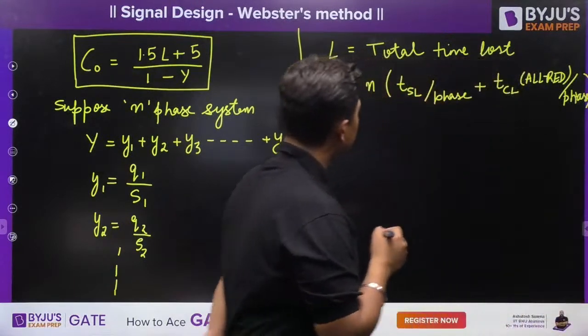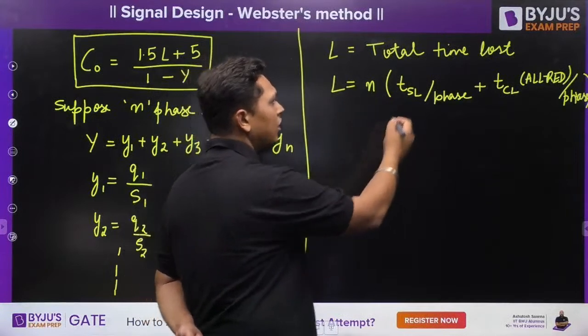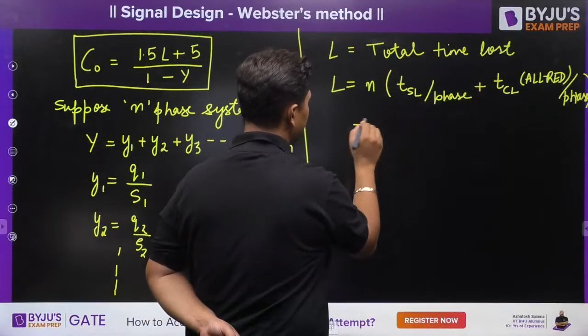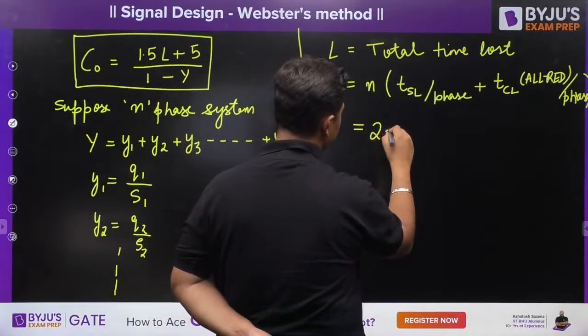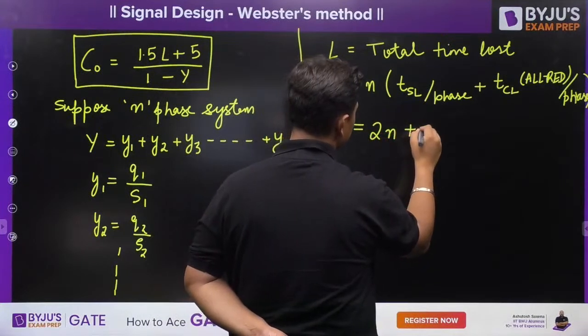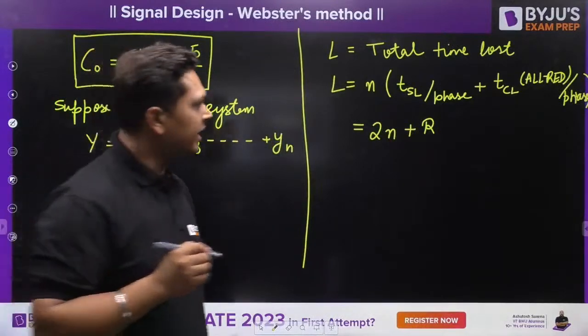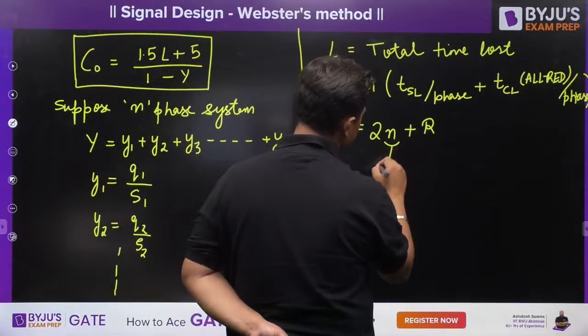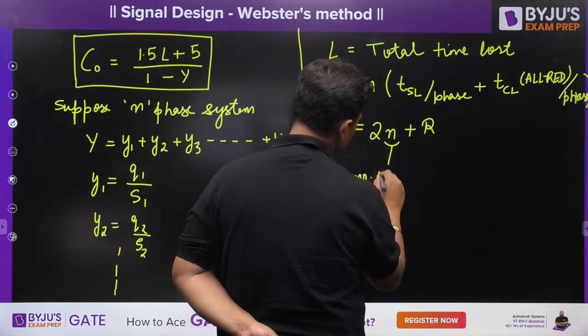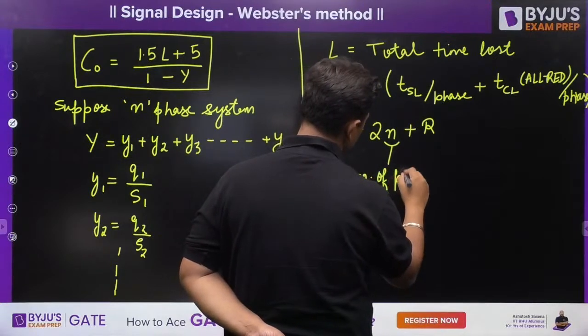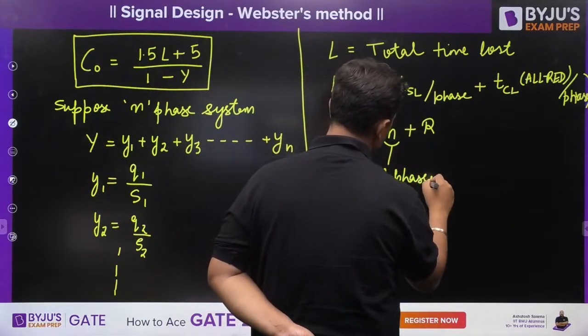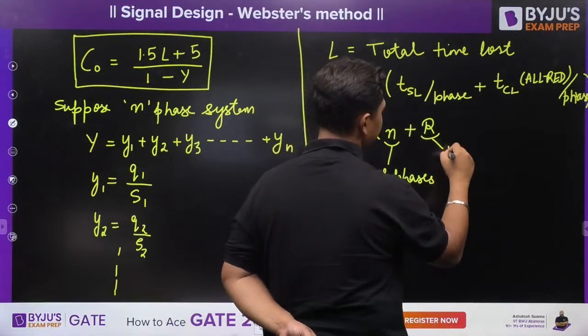Okay, if you are not given startup and clearance lost time, it can also be written as 2 times n plus all red time, where n is your number of phases.